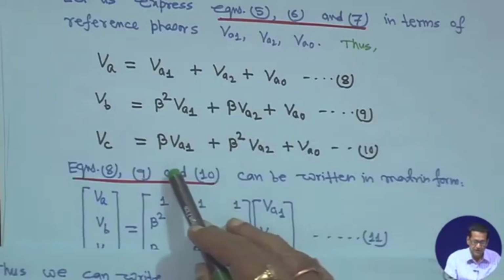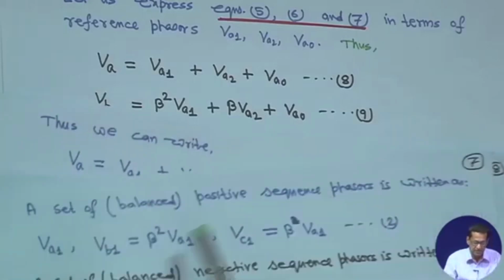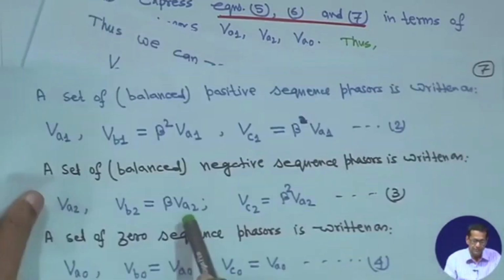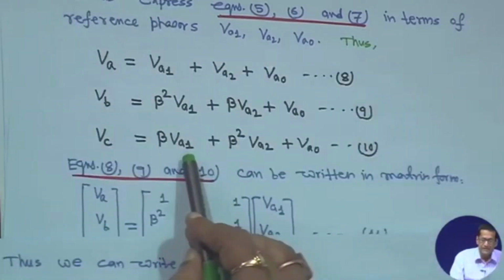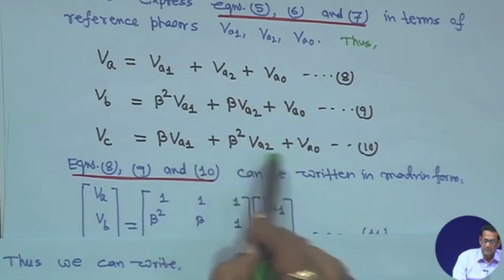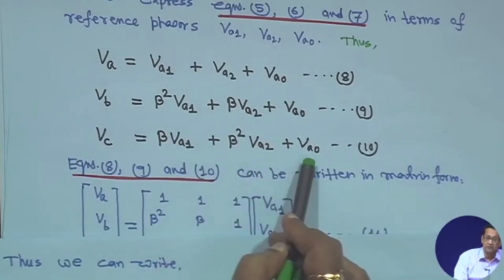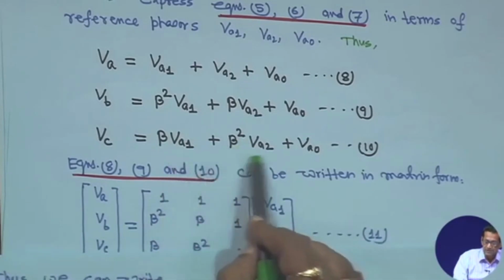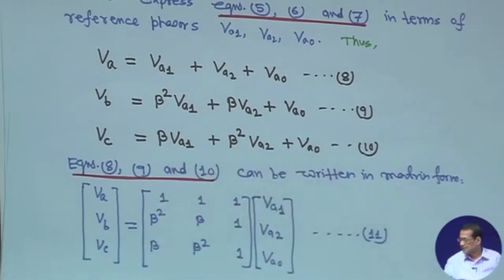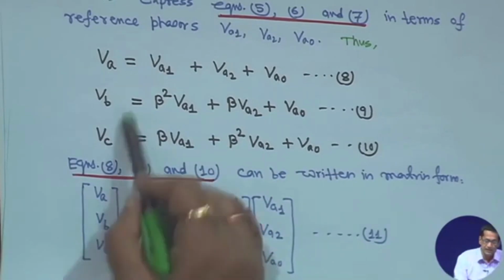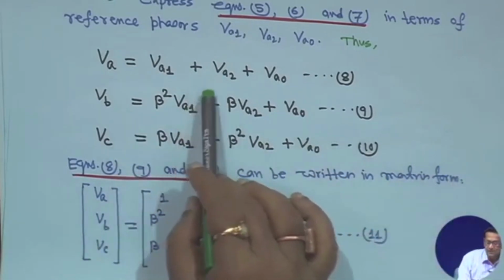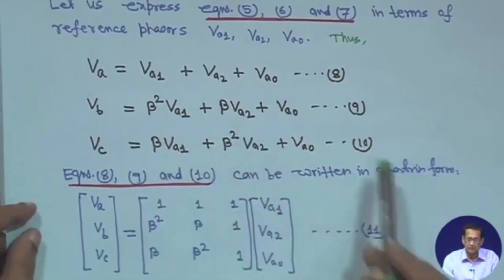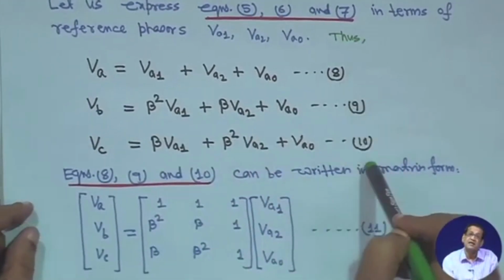The same way you put it here, the way we made it for Vb, and Vc0 is equal to Va0. I mean, this will come as beta Va1 plus beta square Va2 plus Va0. That means Va, Vb, Vc are all represented by Va1, Va2, Va0 and the complex operator, that is beta. So, this is equation 8, 9 and 10.